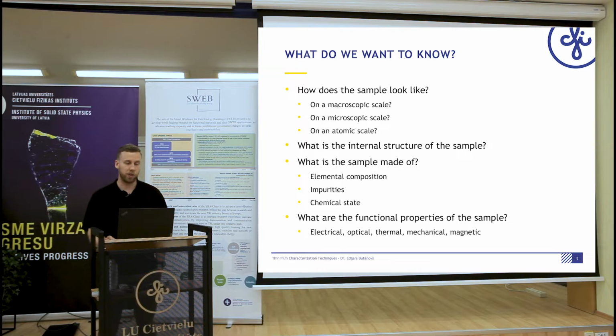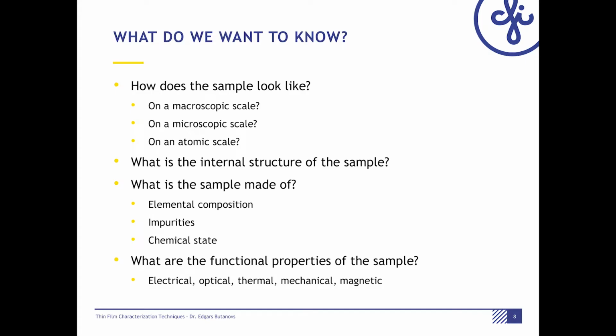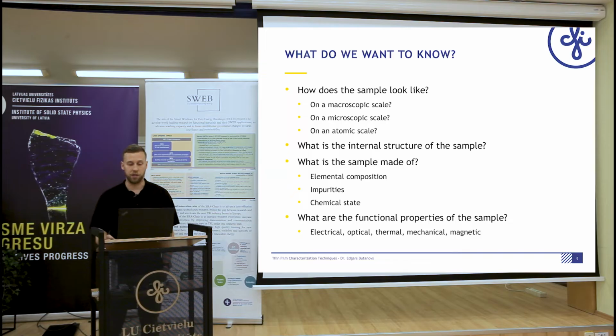So what do we want to know about our thin film, which we have just deposited? First of all, how does the sample look? This can be divided into different scales: macroscopic scale, microscopic scale, or atomic scale. Each of these provides us different information about our sample. Then we want to know what the internal structure of the sample is, whether it's amorphous, crystalline, or polycrystalline.